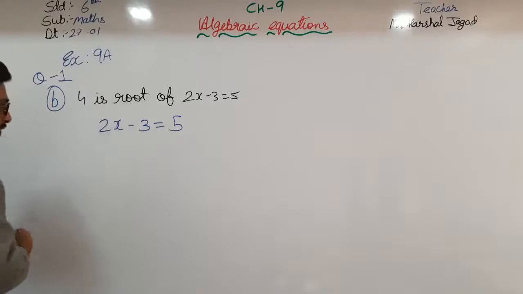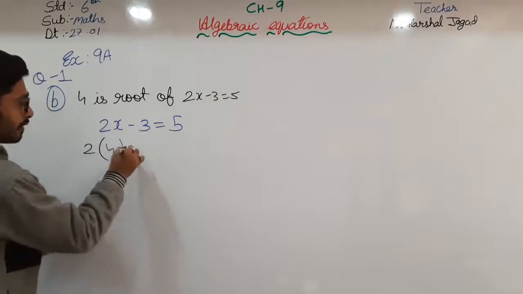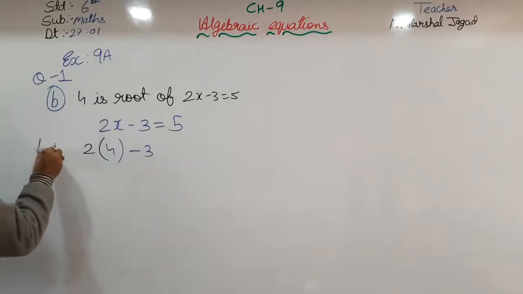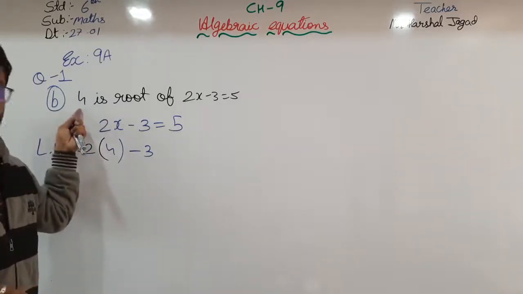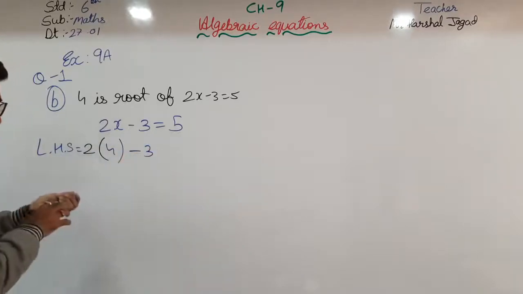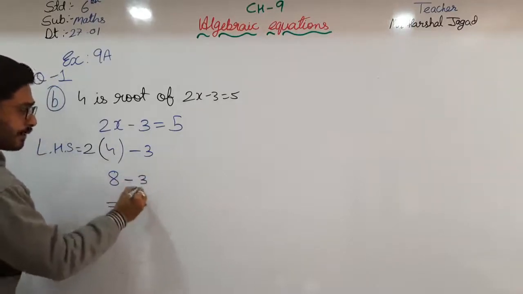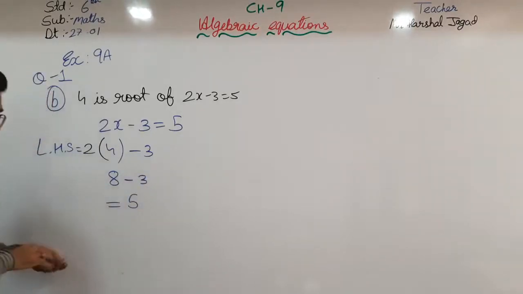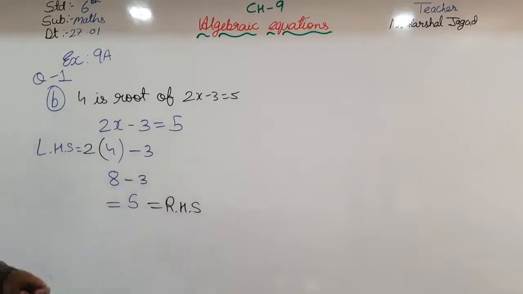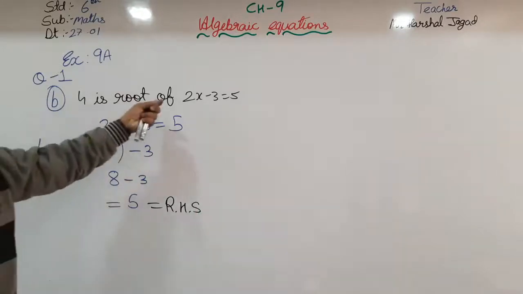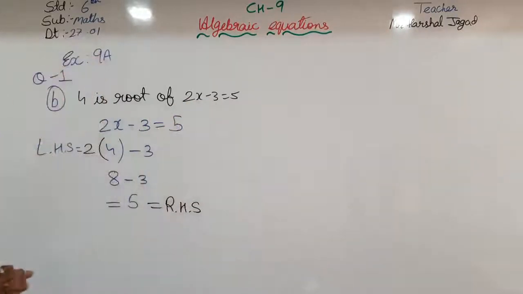LHS is 2x minus 3; putting x as 4, 4 twos are 8, minus 3, that is 5, which is equal to RHS. So here you can write the statement that 4 is the root of 2x minus 3 is equal to 5. Please note this down.